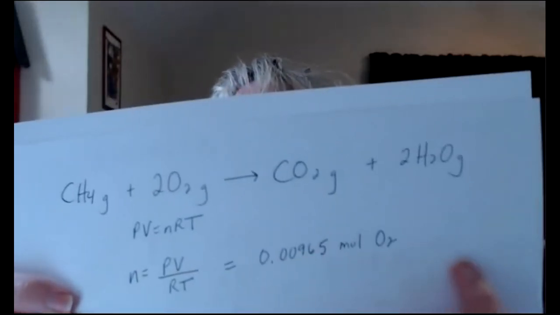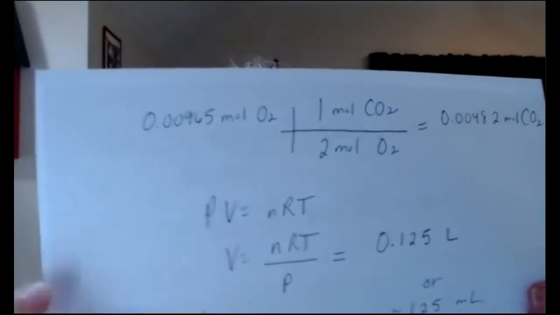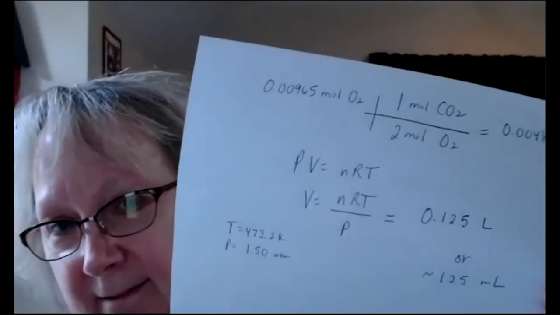You have to do it to get the moles of the oxygen. Then you have to do it again using PV equals nRT, but now the conditions have changed, right? Are y'all following what I'm trying to say? Yes or no? Yes. Okay.